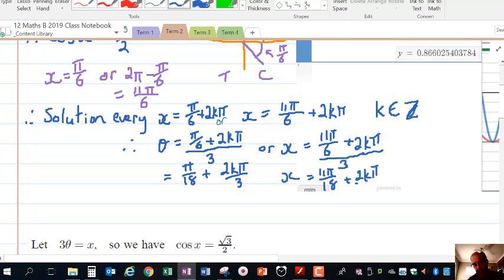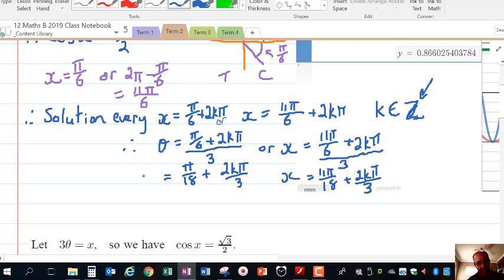Okay, so we've made allowances for going around the unit circle an integer number of times, and that will generate all of our solutions, and we'll have to check whether they're still in the restricted domain at the end. Also, we're back dealing in terms of theta again and not x.